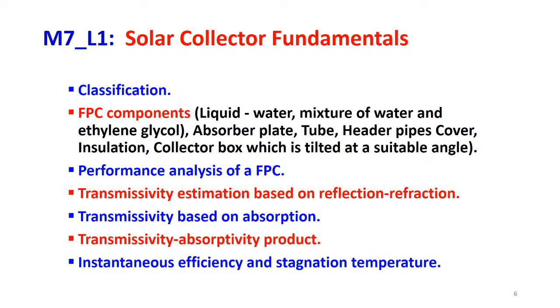So in module 7, lecture 1, we primarily discussed the fundamentals of the solar flat plate collector, its classification and different components like the absorber plate, its material of construction, then the material of construction of the tube, the tube diameter, header pipes, cover, insulation, and the collector box which has to be tilted at a suitable angle, and the kind of fluid to be used based on the application and location of installation.